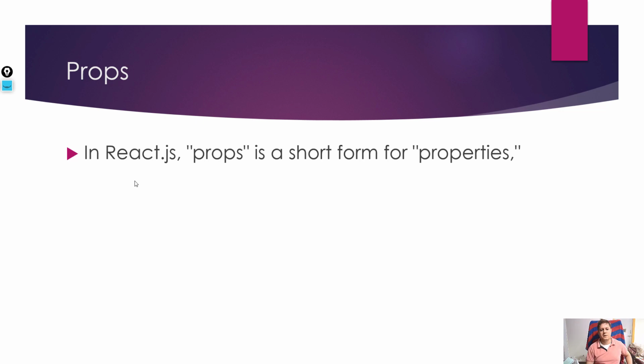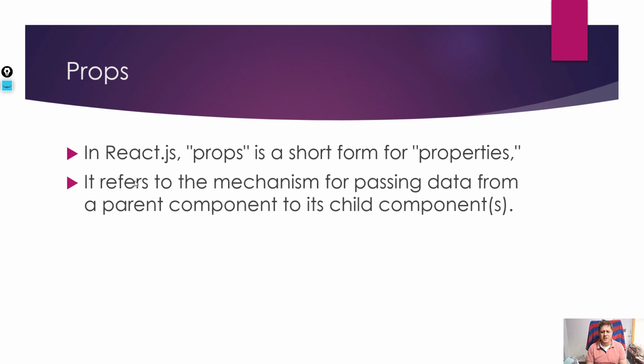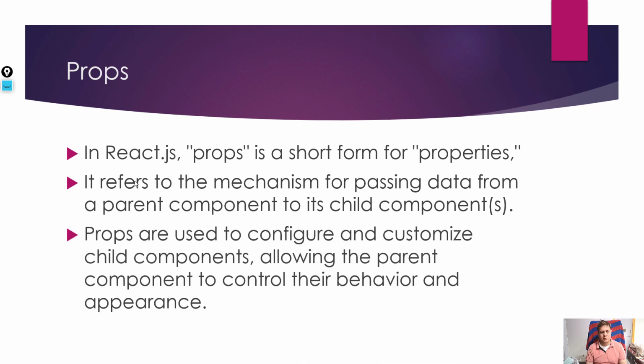We can say properties also, and these properties can be anything. It can be a variable, a function name, a function call, an object or an array, whatever you want to send. You can control the behavior of a parent component or the child component using props.